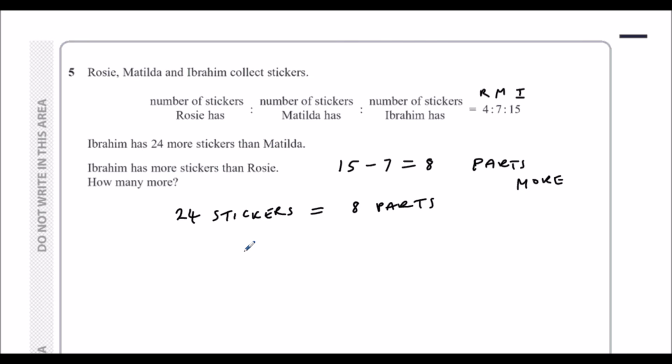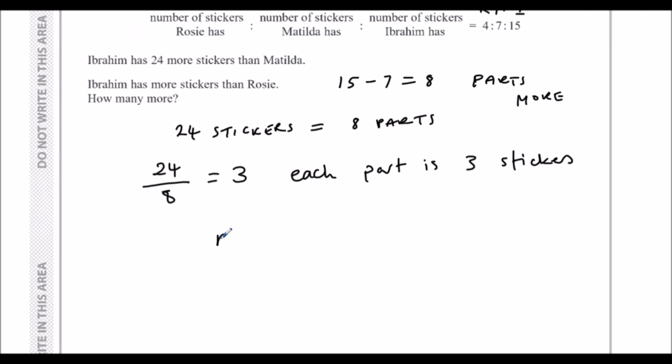So if we divide 24 by 8, we get 3. So each part is 3 stickers. So Rosie's got 4 3s. So Rosie has 12, 4 times 3.